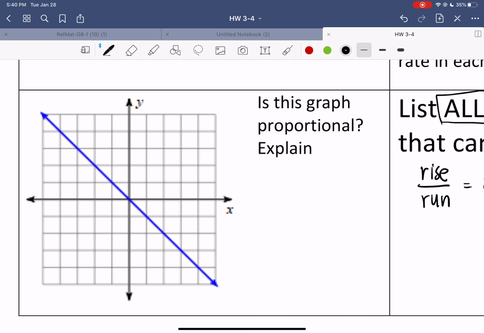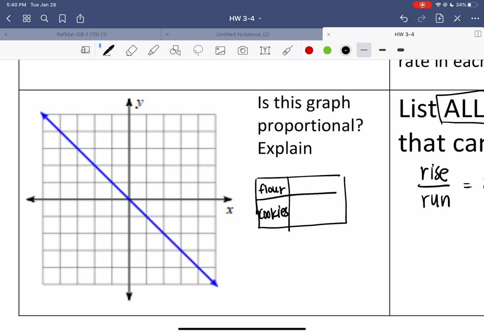All right, is this graph proportional? Explain. So it's not asking us to find the slope. So we need to know if we were to assign, for example, if this is, I know from class we had cups of flour to cookies.